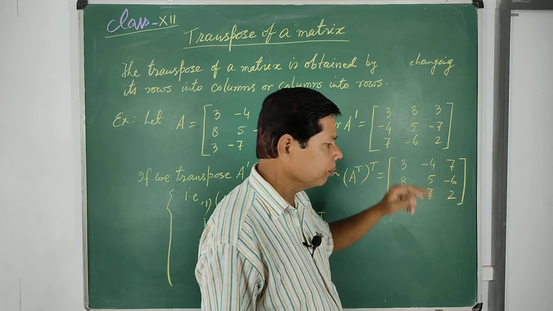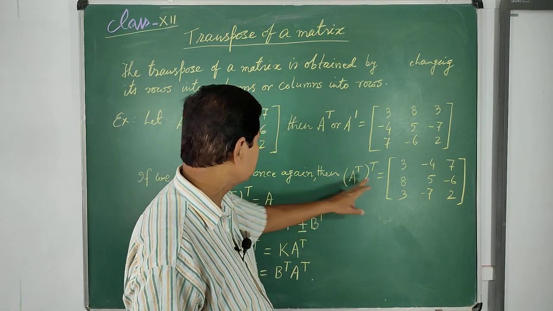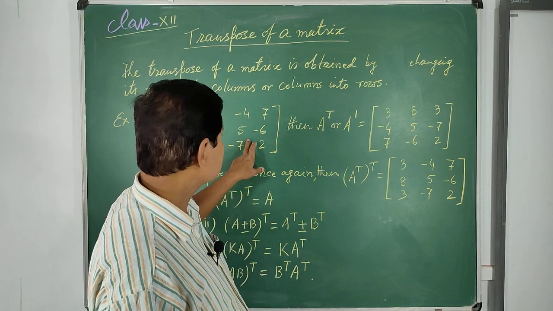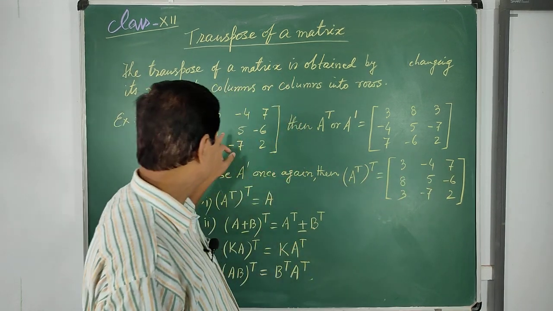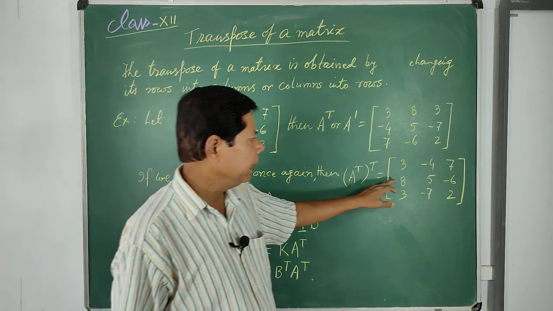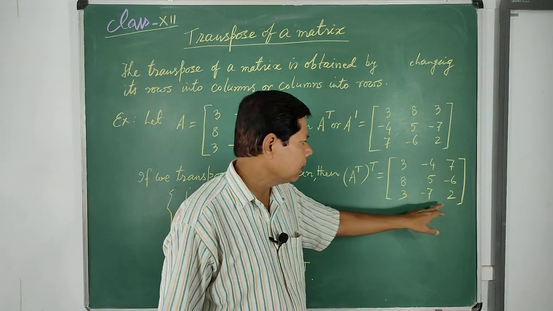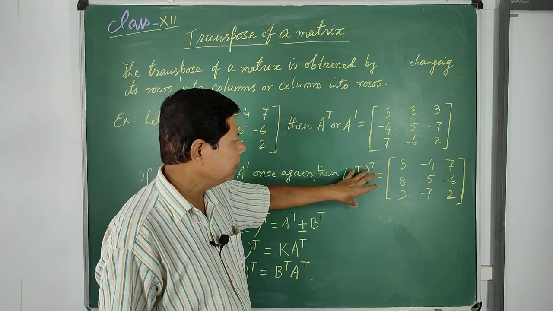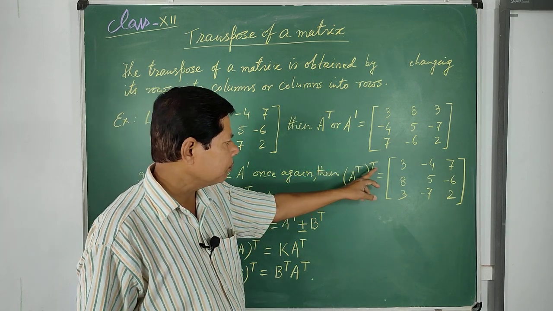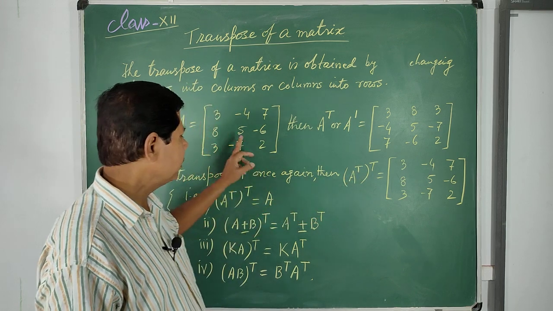So, now if you compare this and the given matrix, they are the same: 3 minus 4 7, 8 5 minus 6, 3 minus 7 2. That means A is equal to (A^T)^T. That means the transpose of the transpose of a given matrix is the matrix itself.